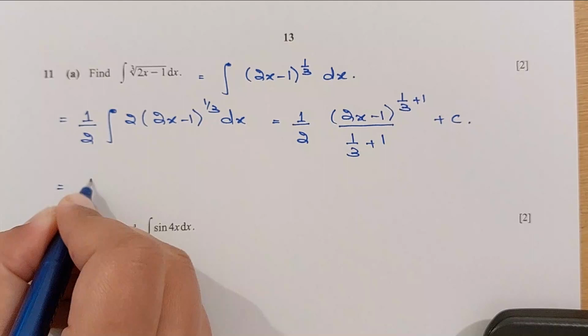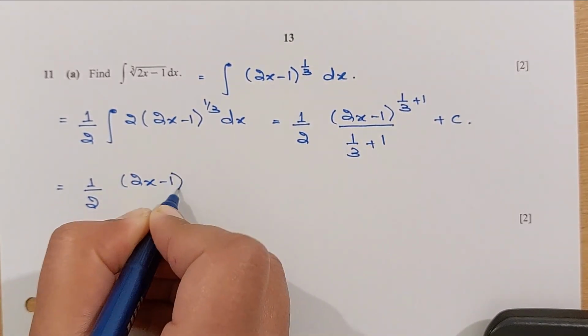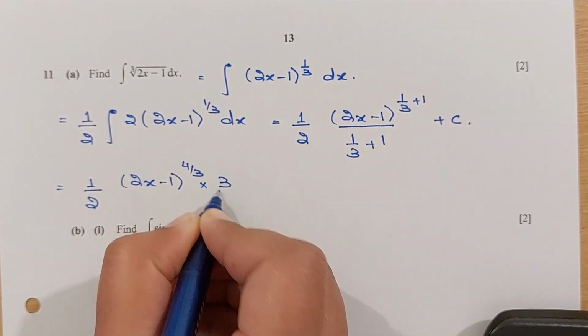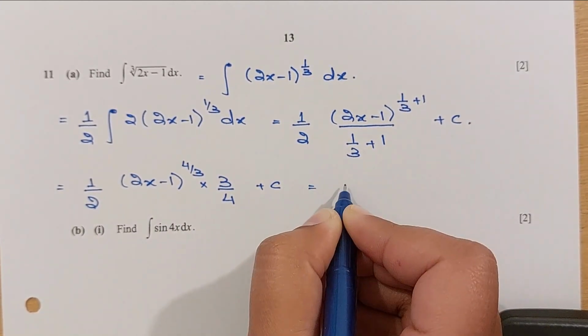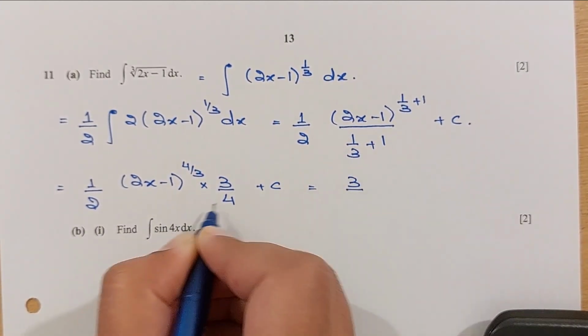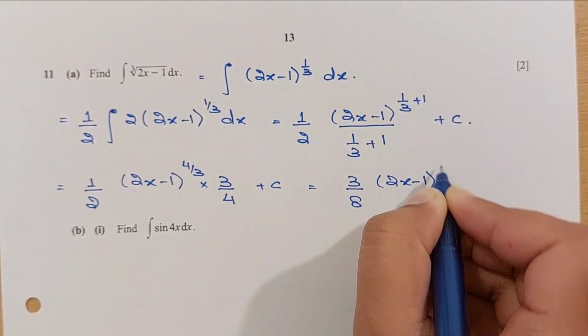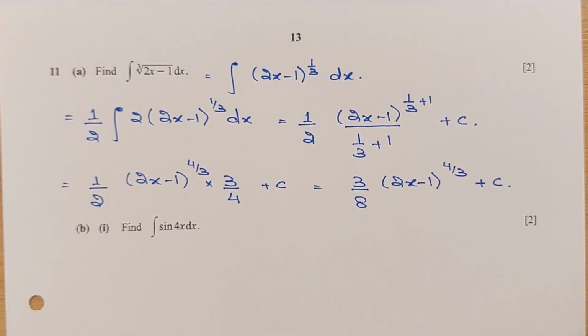So this equals 1 by 2, (2x minus 1) power 4 by 3, and the denominator power is also 4 by 3, or we can say times 3 by 4, plus c. Or with further simplification, 3 over 2 times 4 is 8, so 3 over 8 (2x minus 1) power 4 by 3 plus c. That is the simplified answer.